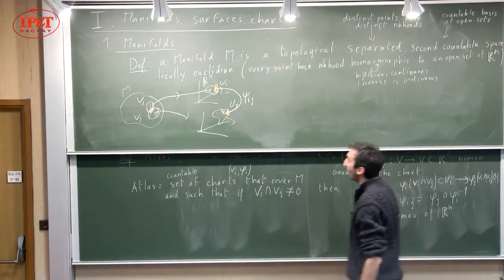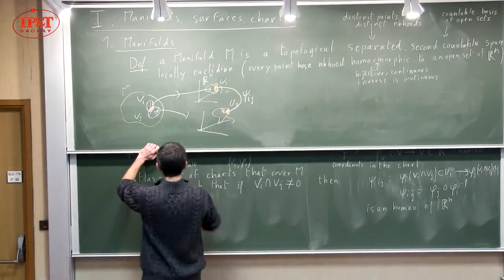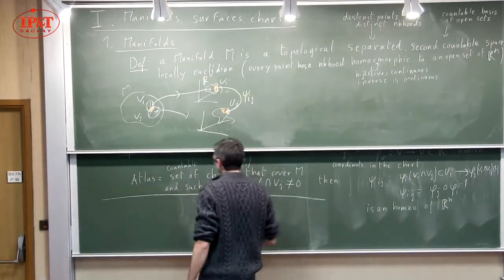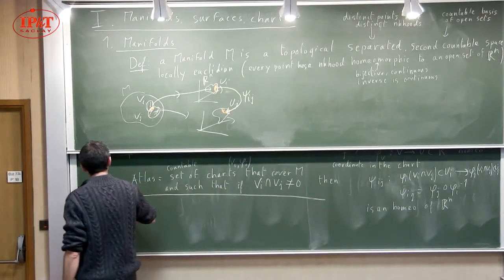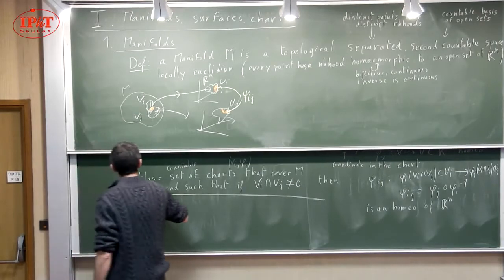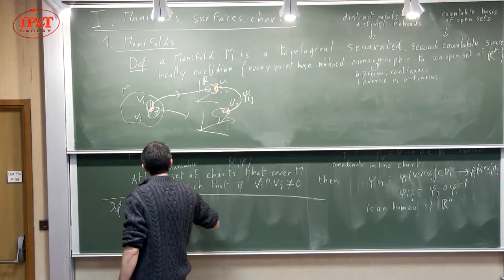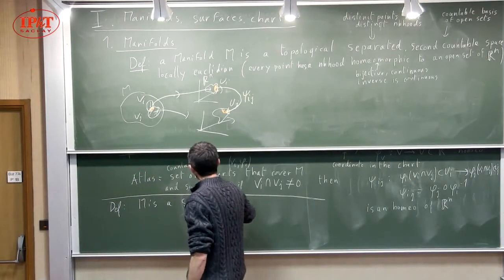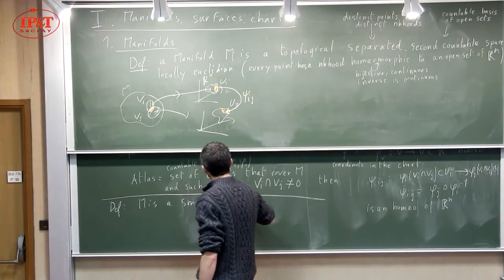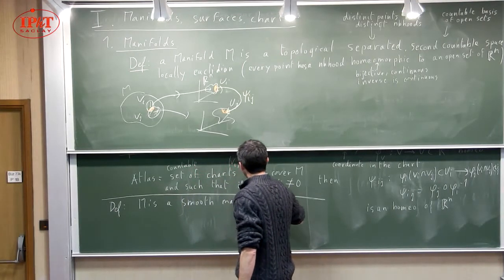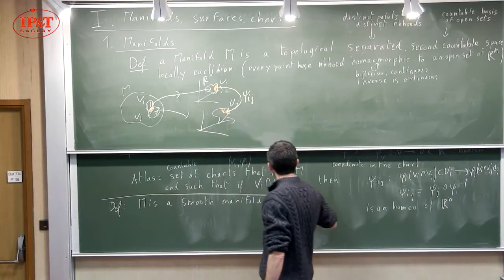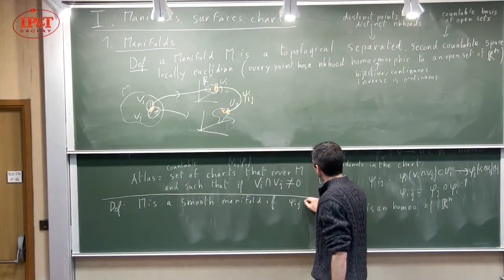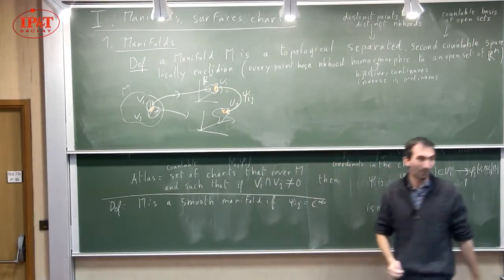So then I will define: the definition is that M is a smooth manifold if psi_ij is a C infinity homeomorphism.